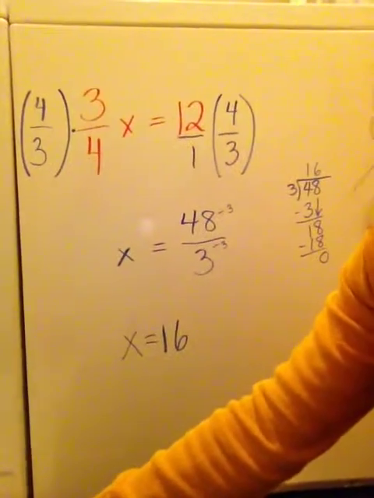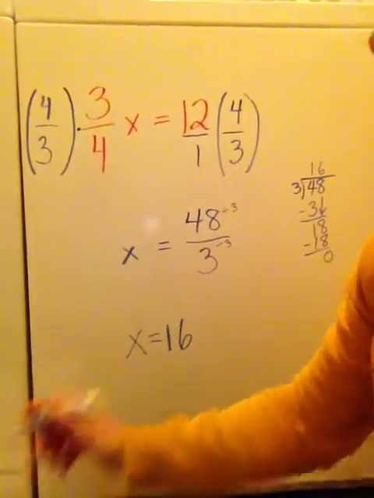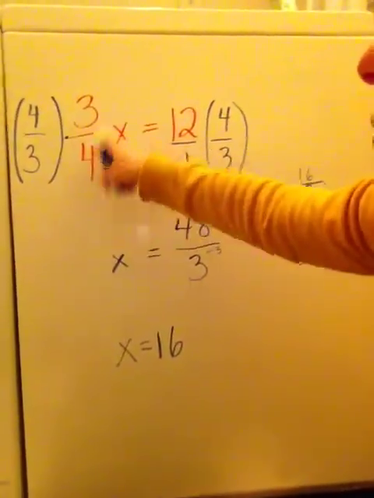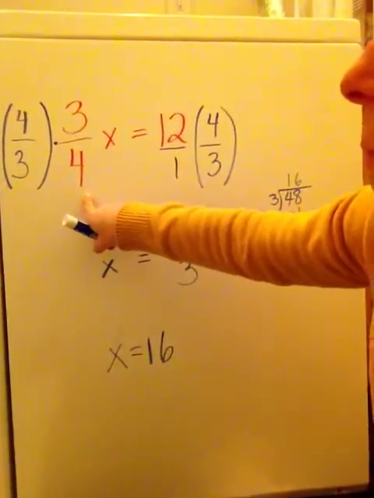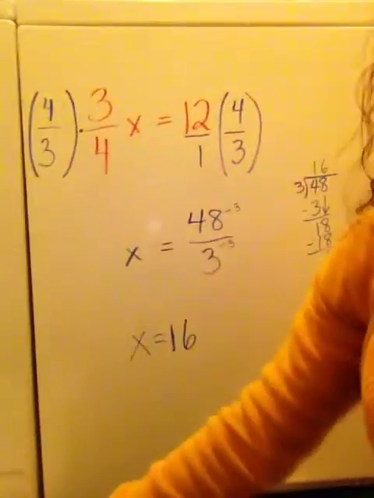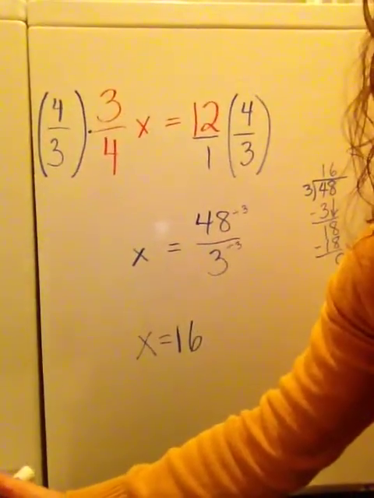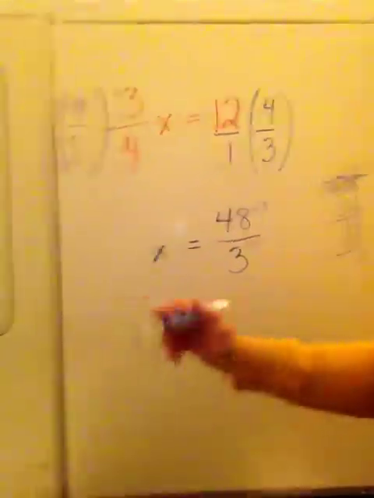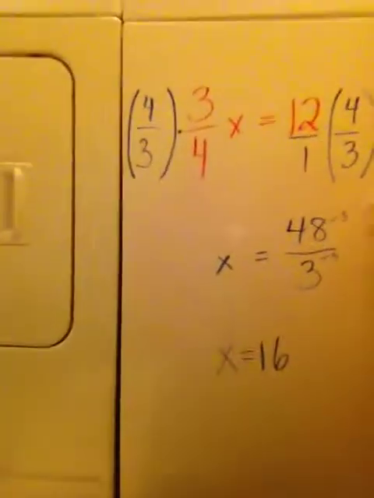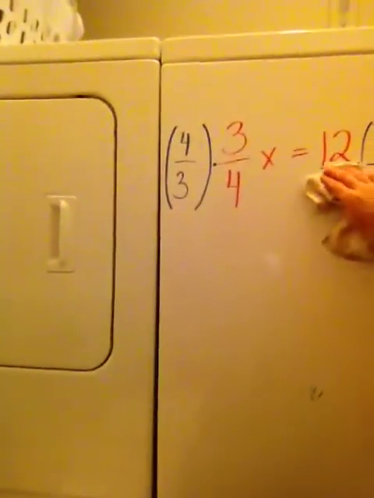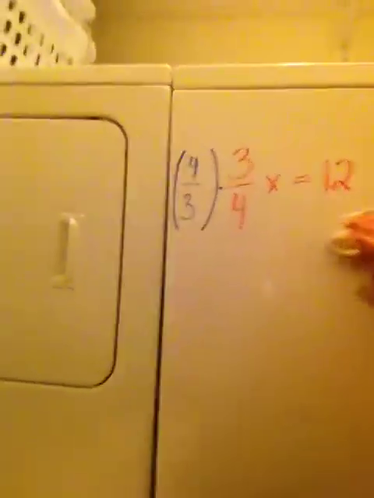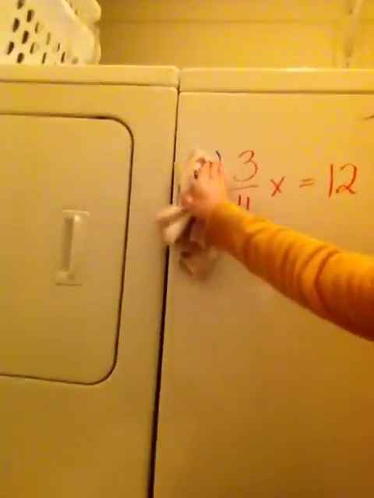Okay? So here's the trick. When I have a fraction coefficient, I don't even write this part, because you can skip that step because you know it's going to end up canceling each other out. So I just go like this. If I were to do this problem, I'm going to do it from the beginning. This is how I think about it.